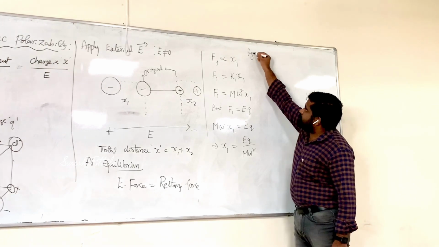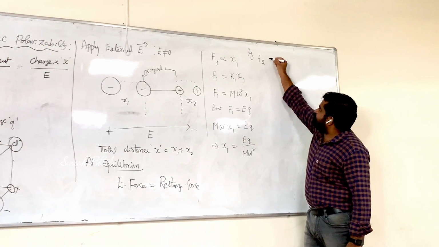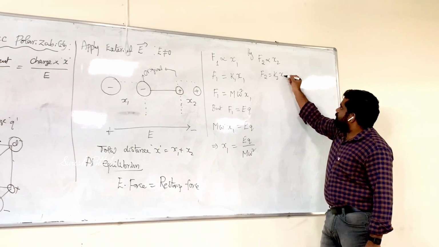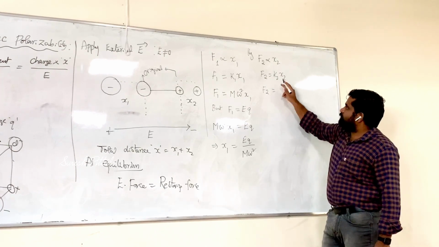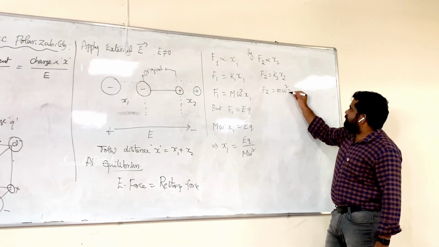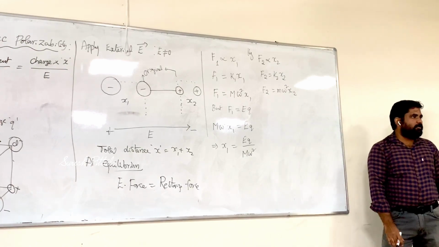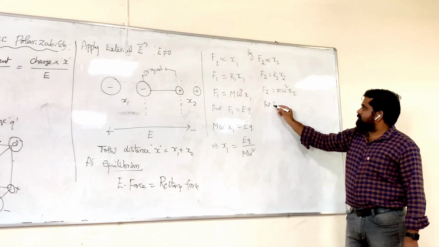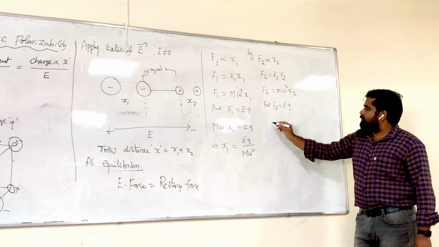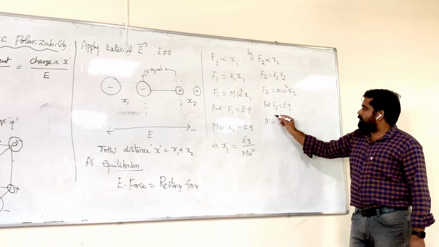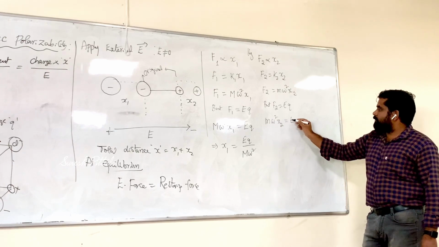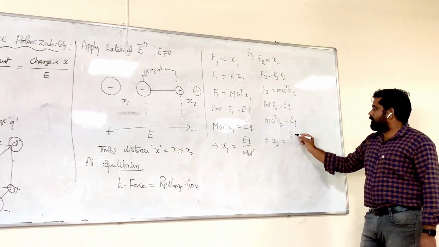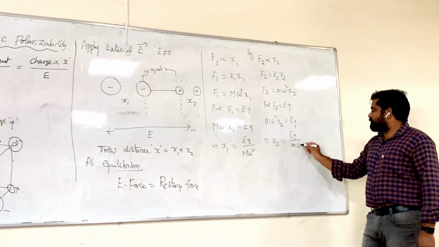But similarly, the restoring force F2 is proportional to x2, and F2 is nothing but K2 into x2. Here your K2 is small m, but the frequency is the same in the same material, so it is still omega. But your F2 is again EQ, therefore equating that, small m omega square x2 is nothing but E into Q. From here, x2 is nothing but EQ by small m omega square.